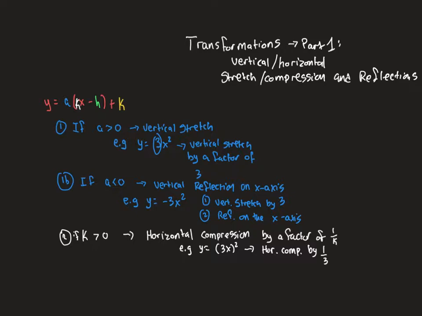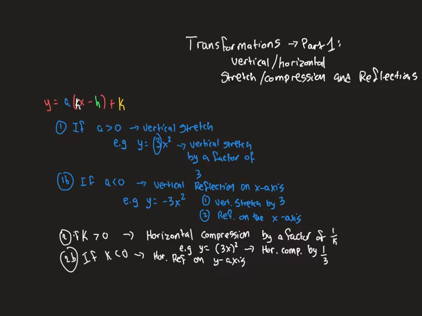So you can imagine what the rest of them are going to look like. So 2b, once again, if k is less than 0, then it's a horizontal reflection on the y-axis. Okay, so using the example above, if I had -3, then I'd still have a horizontal compression by 1/3, but I'd also have a horizontal reflection on the y-axis.